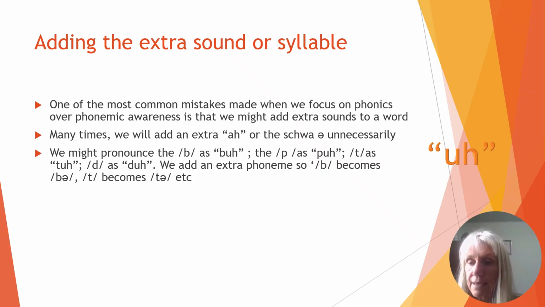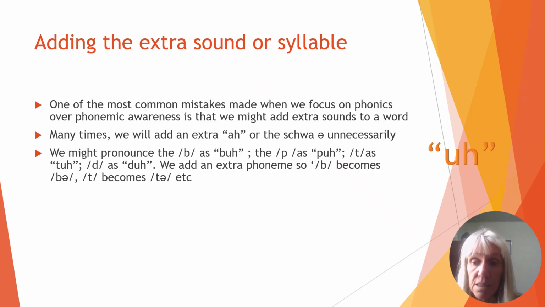So we might end up pronouncing the B as buh. When I'm trying to show you, say, bat, and I'm trying to spell it out for you, I might say buh, a, buh, at. Okay? Buh, at. And so you're hearing that sound in there. And I added the T as well, and T can be tuh.